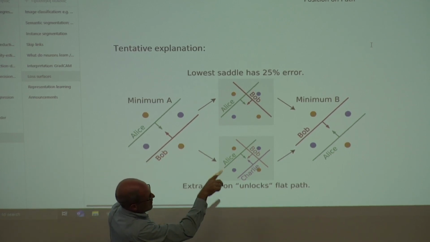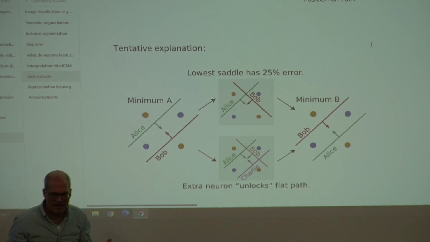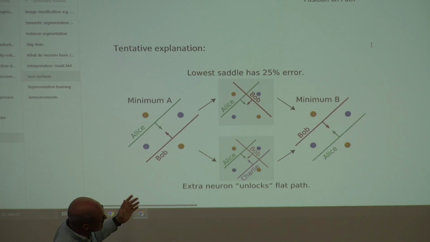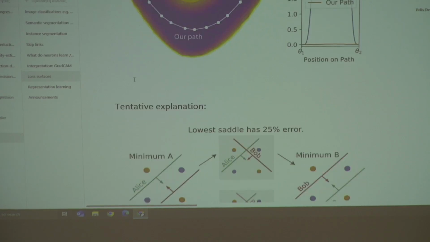In this way, we have constructed a path of zero loss. And indeed, we observe these low loss connectivities only in networks which are sufficiently wide. So the neural network needs some minimum expressivity to really feature these low loss paths.